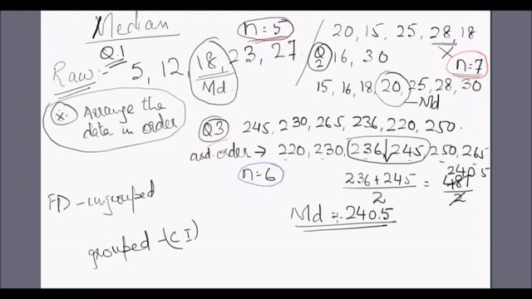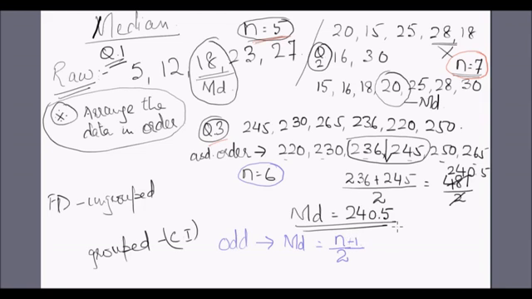So in case we have an odd number of data, your median could be calculated as directly the middle one. My n was 5, 1 2 3 4 5, so it is 5 divided by 2, in fact n plus 1 divided by 2.